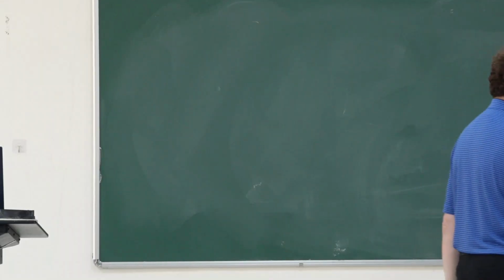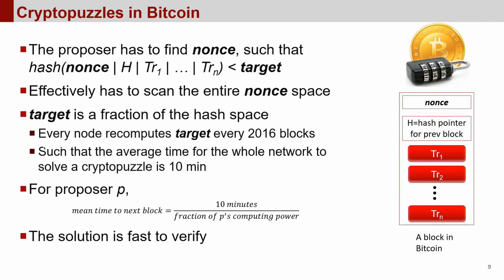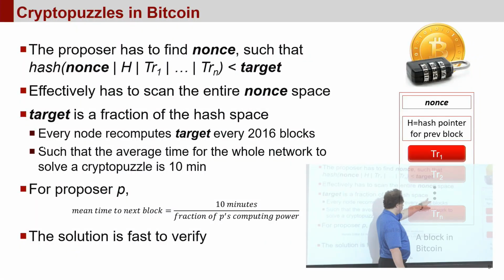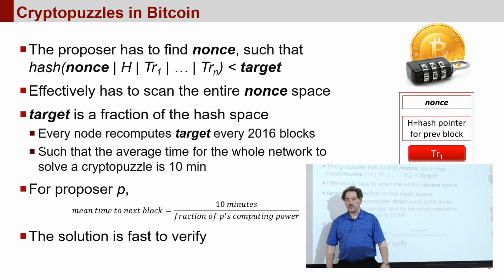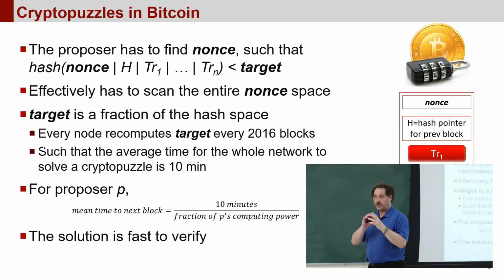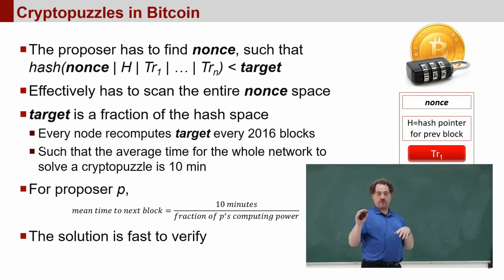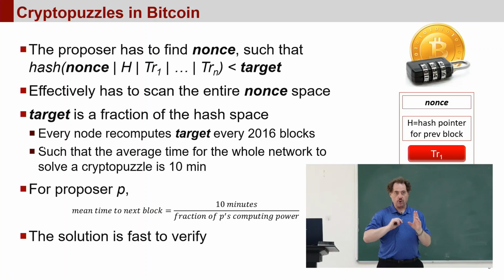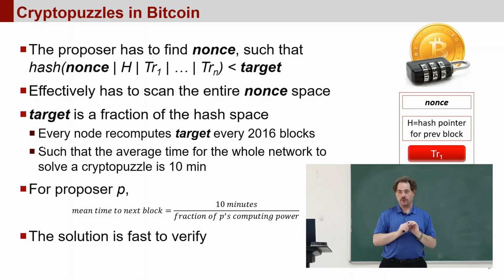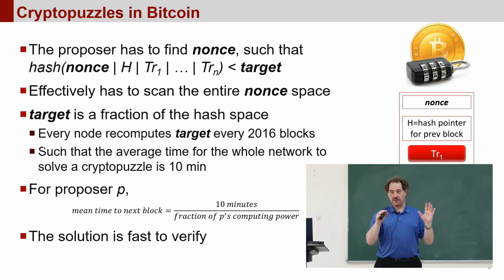How does it do it? Every node computes the target every certain number of blocks. That allows for synchronization because all nodes know the target for a given block. They are all in agreement about the value of the target.